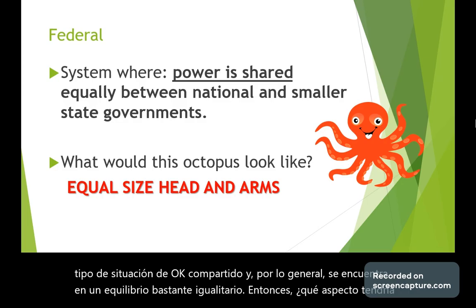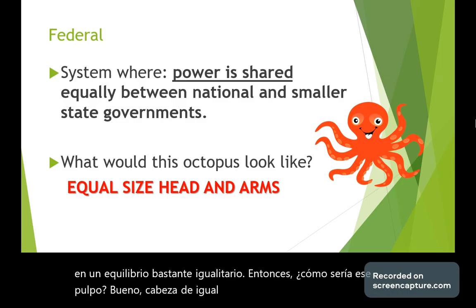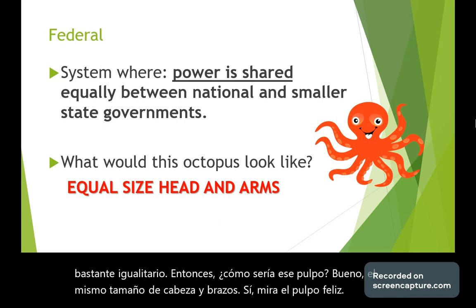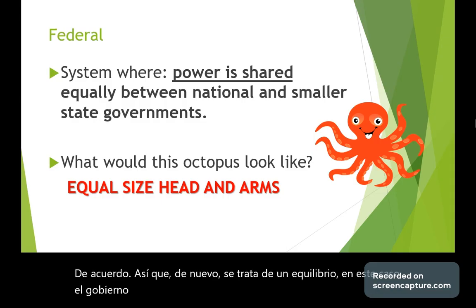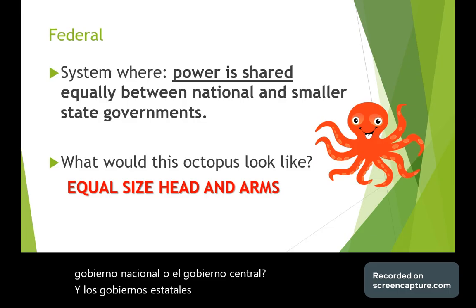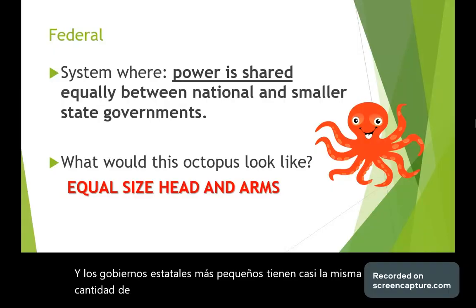Well, equal size head and arms. Yay, look at the happy octopus. So again, it's a balance in this case. The national government and the smaller state governments have pretty close to an equal amount of power within the country as a whole.